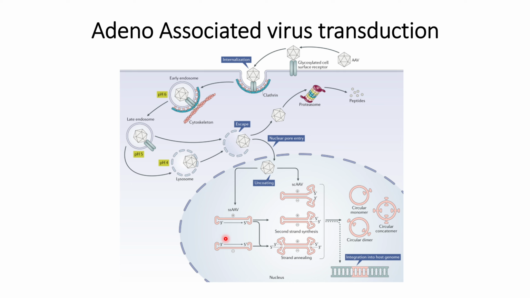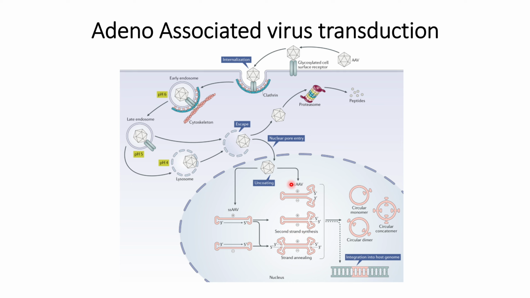So the single strands can be either positive strands, that is 3' to 5', or negative strands, that is 5' to 3'. In this case, complementary strand synthesis needs to occur, and this can happen through strand annealing and second strand synthesis, and thereafter it can go for transcription and translation.